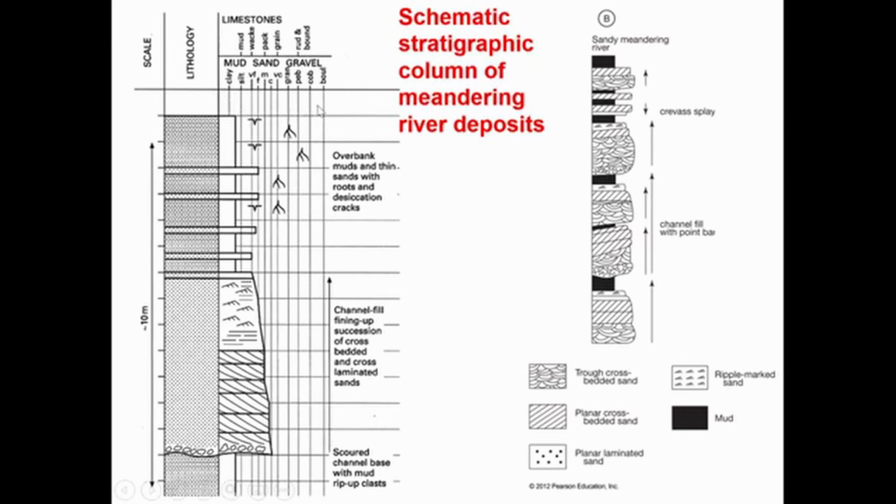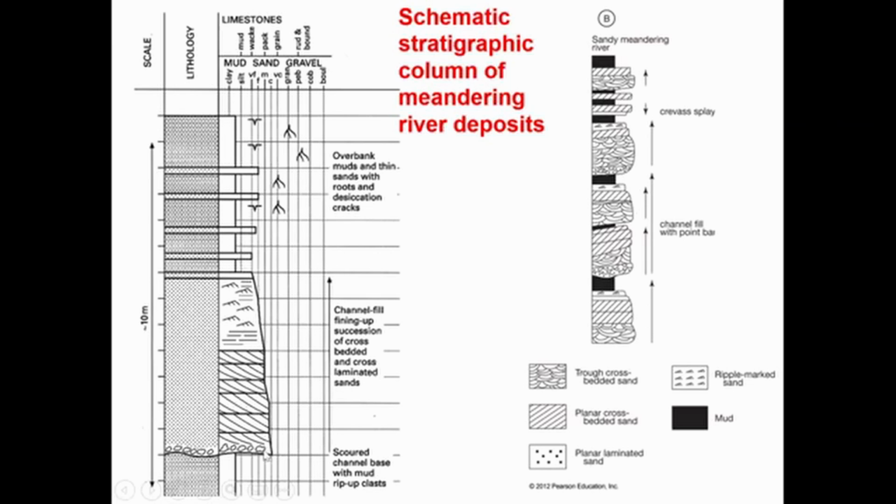So these lines represent grain size. The larger the grain size, the wider the column will be. If a meandering river stratigraphic column is drawn over here, you will see the fining upward trend from here, reflected here as well.